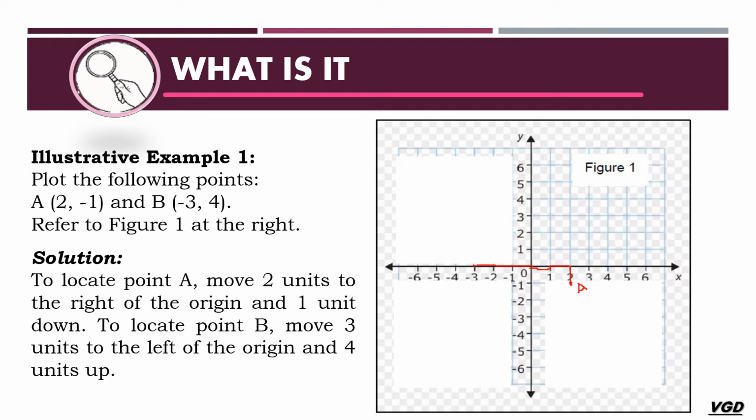So we need to move 4 units up, since the upper part is the positive. So from -3, we need to move 4 units up. 1, 2, 3, 4. Therefore, okay, this is already point B. So to show the clearer image, this is the graph.